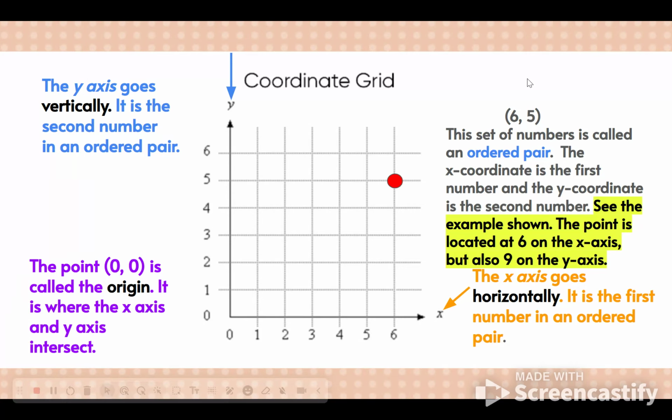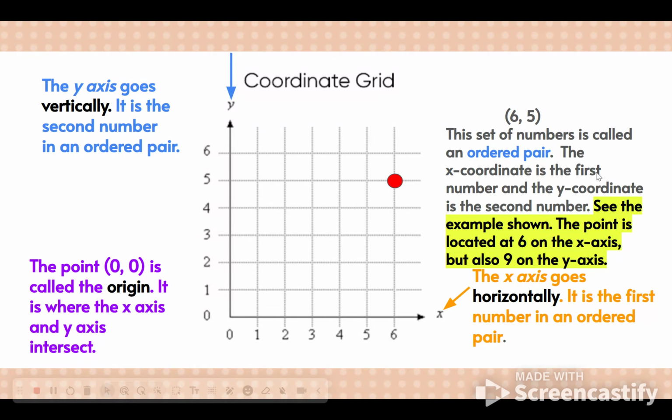First, I want you to go ahead and label the y-axis. You might want to pause this video and grab some colored pencils. This is your y-axis that goes up and down, or vertically. Remember, it is the vertical distance from the origin, and the origin is 0, 0. And this is your x-axis. It is the horizontal distance from the origin.